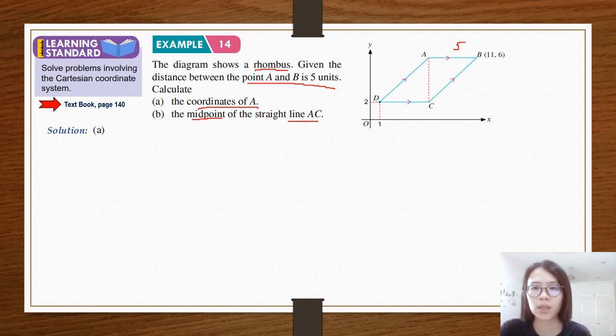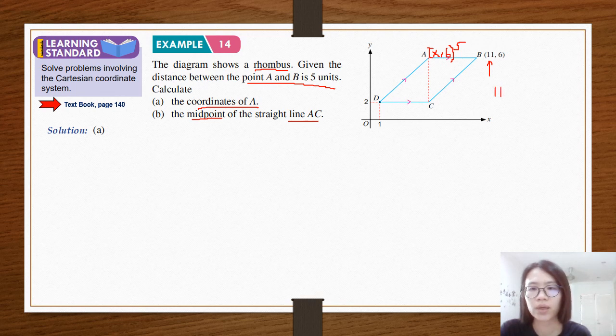And the line AB is parallel to the x-axis. So these 2 points A and B have the common y coordinate. Alright. So let A be x, 6. Okay, how are we going to search for the x? We can take the 11, the x coordinate of B, minus 5.